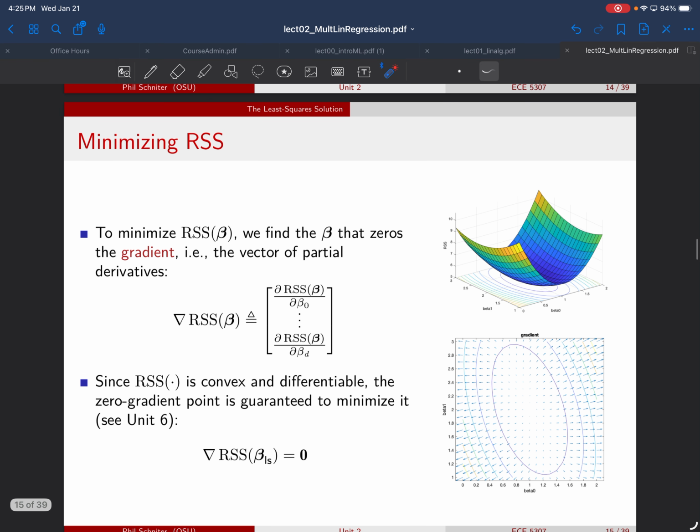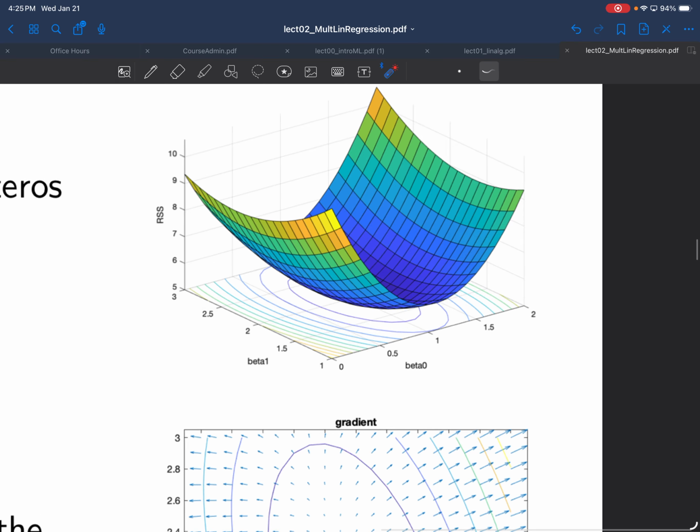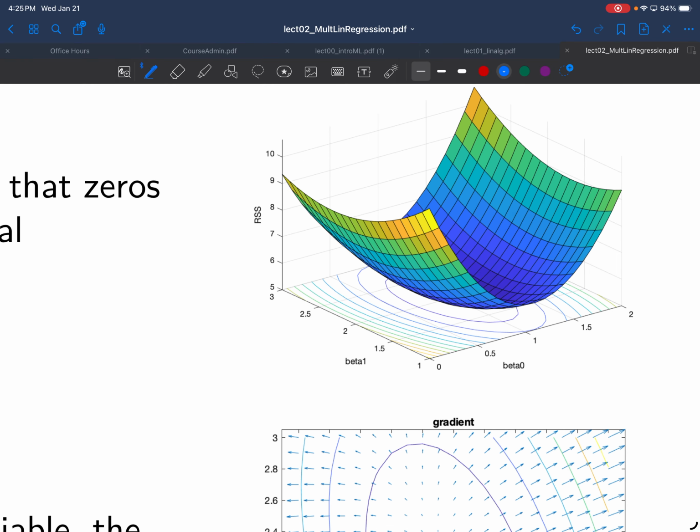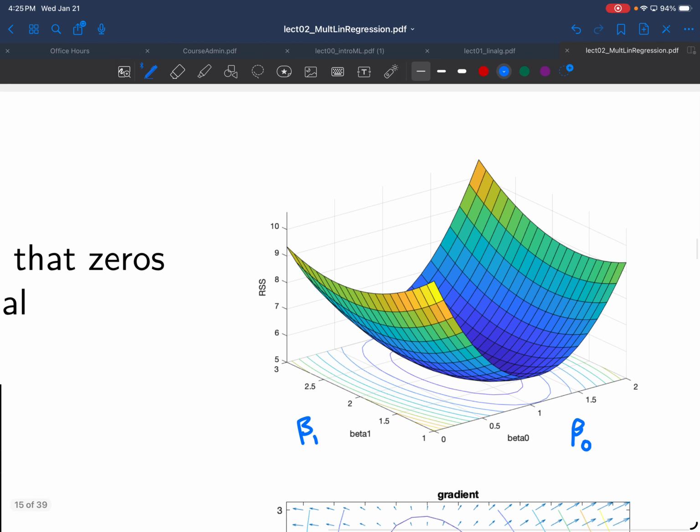So what I've done here is I've plotted what this cost or loss looks like. This is a very simple example just so we can visualize it. This would be the case of d equals 1. We have a single feature, and so we have two parameters to adjust, which are the slope coefficient on that feature and the intercept, that constant shift, beta 0.